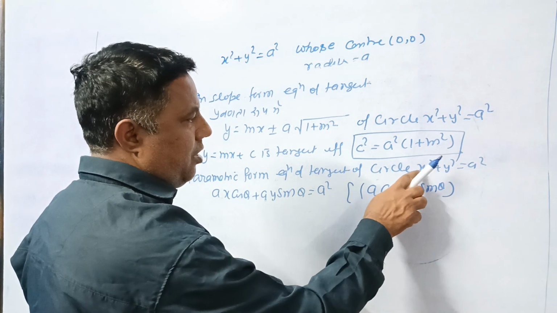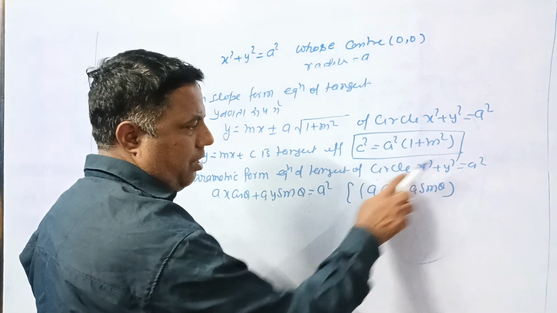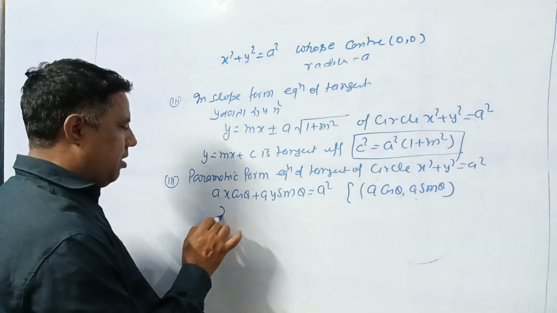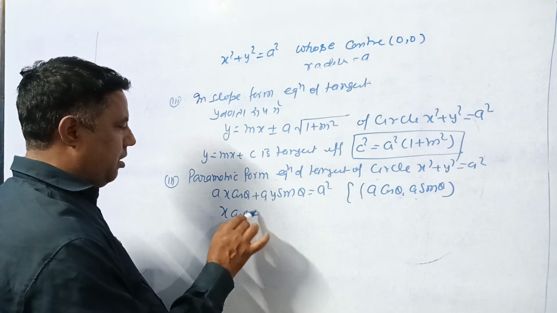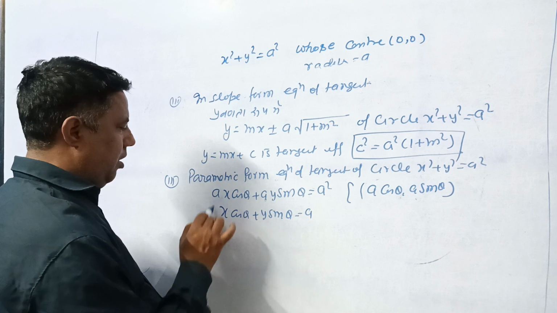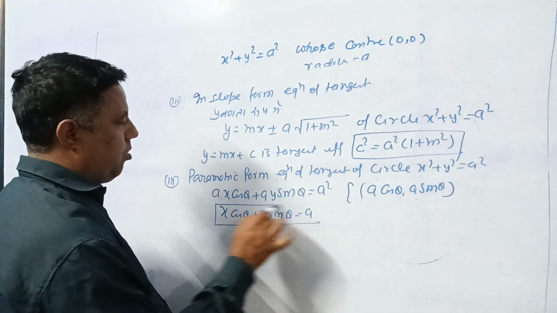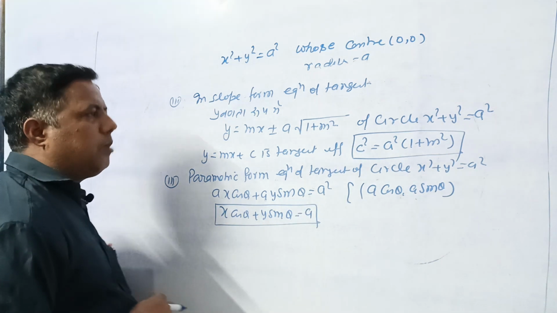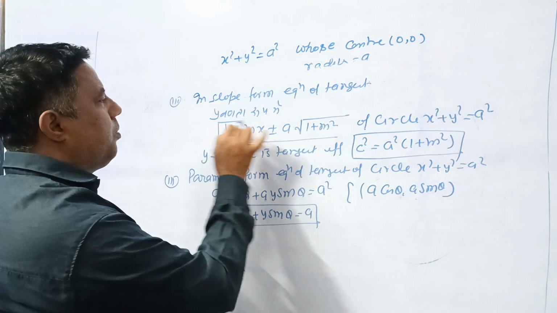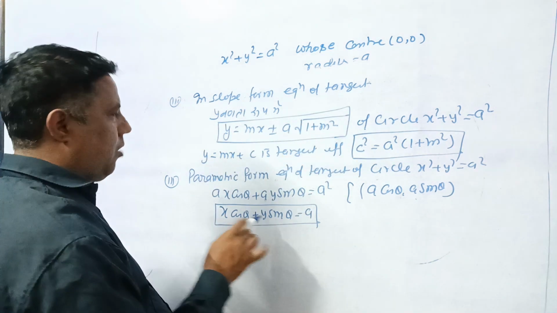Now put x1 equal to a cos theta, y1 equal to a sin theta, in x x1 plus y y1 equal to a square. By solving this we can say that x cos theta plus y sin theta equal to a. This is the equation of the tangent of a circle. In the next video we discuss the proof of the given equations.